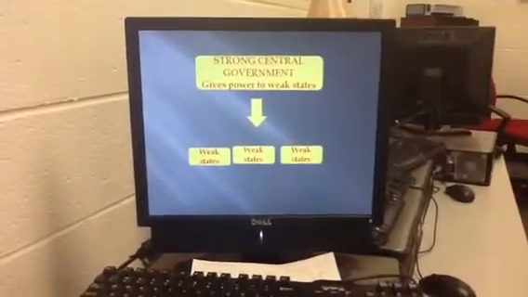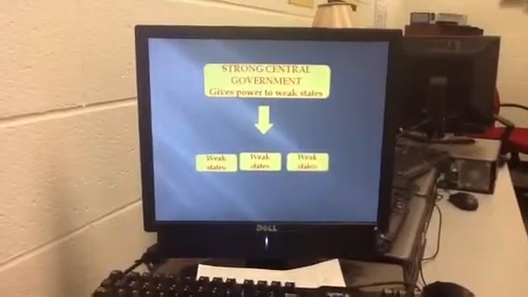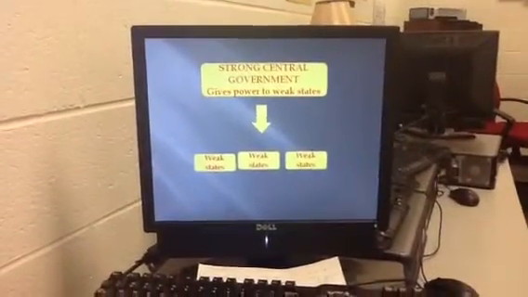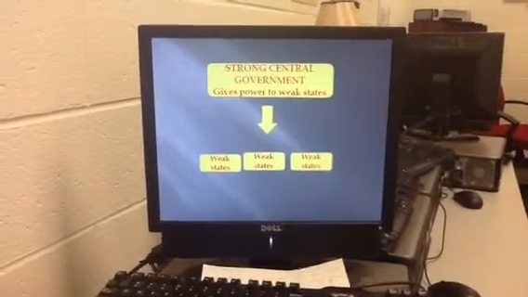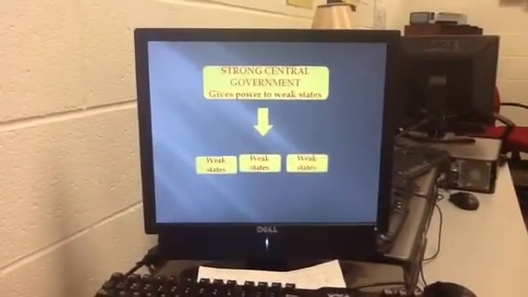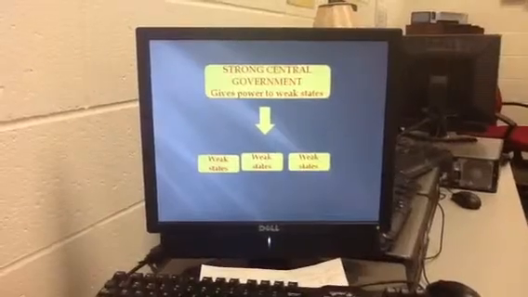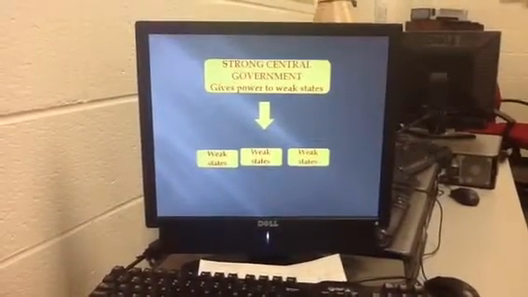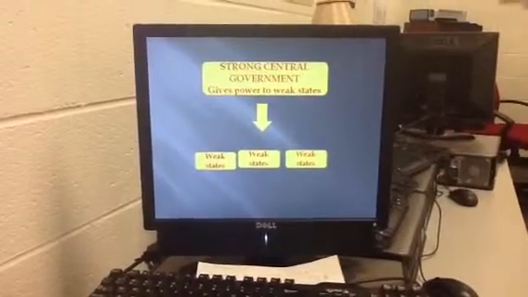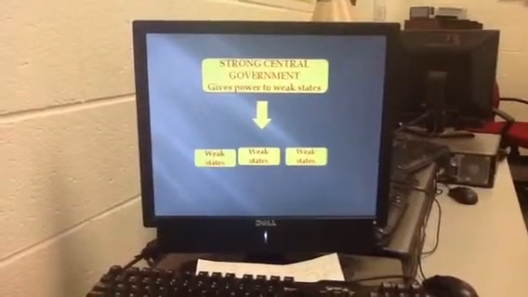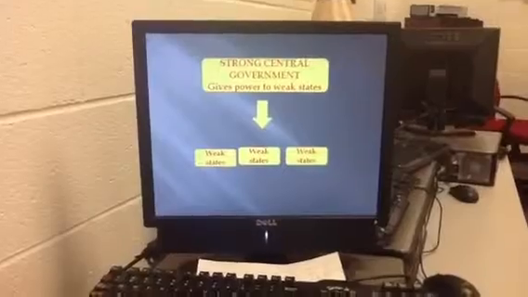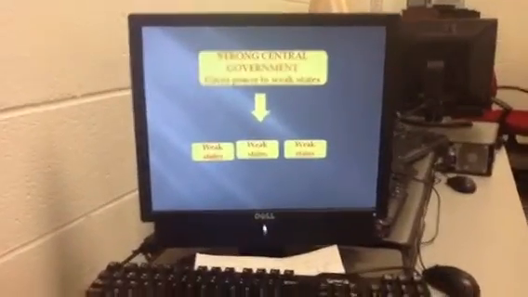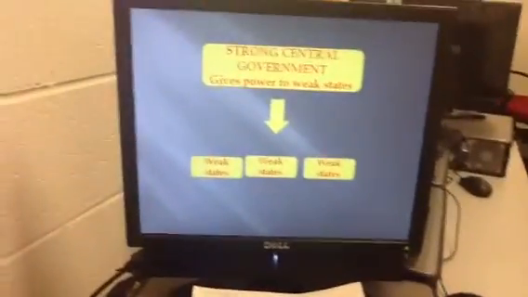There is no one stopping the central government from revoking the power of the states to return the power back to the strong central government. This unitary system of government is usually found in a country with an autocratic type of government. An autocratic dictatorship is usually where this system of government is found. This is unitary, where a strong central government gives power to the weak individual states.